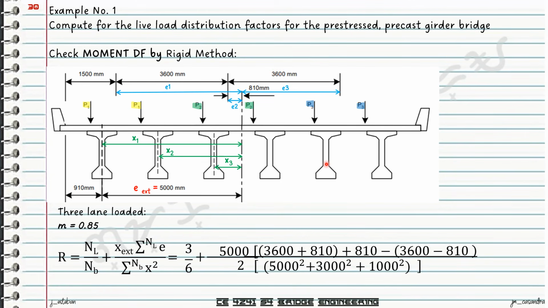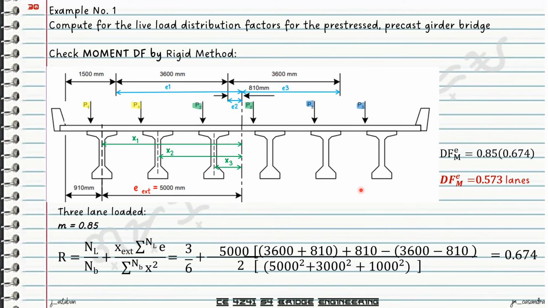And again, this will be multiplied by 2 to consider the other side of your bridge. So with that, we'll now solve for a value of 0.674. So again, distribution factor by rigid method is M times R, which will give us a value of 0.573 lanes.